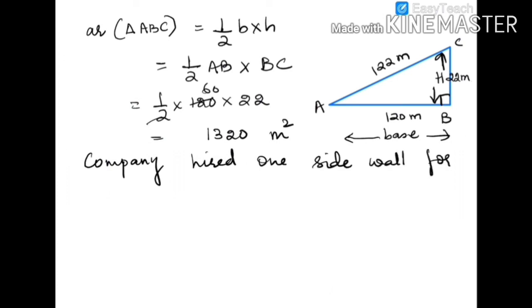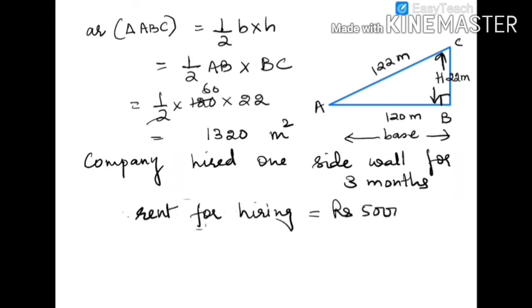for 3 months. Now the rent for hiring is rupees 5,000 per meter square per year.